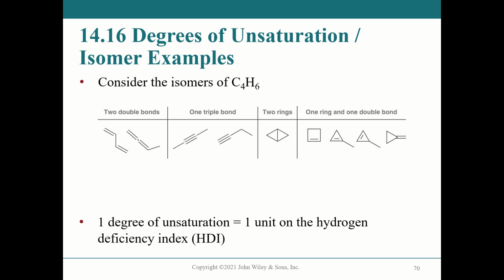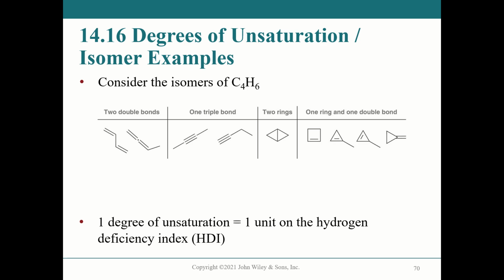Getting back into the formula for C4H6, let's look at what the degrees of unsaturation would be there. We have 4 carbon in our molecule, so the maximum number of hydrogen is 4 times 2, which is 8, then adding 2 more to that gives us 10. If we take the maximum number of hydrogen of 10, subtract the actual number of hydrogen, 6, 10 minus 6 gets us 4.